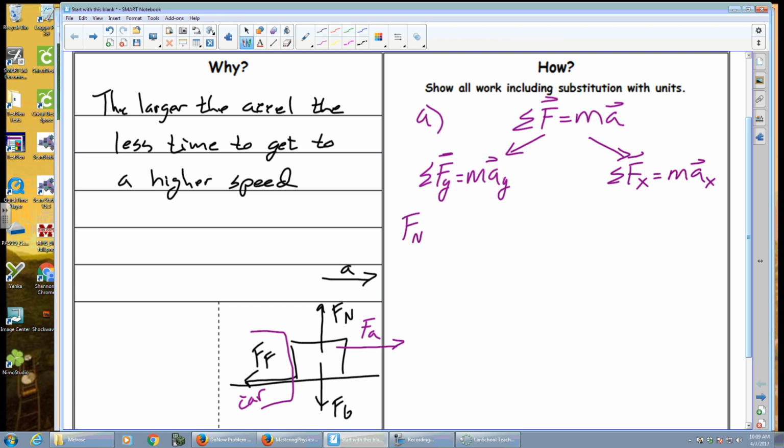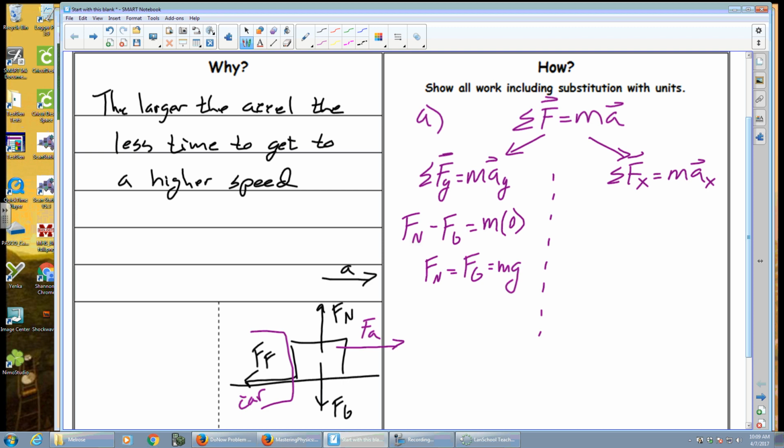Force normal minus force of gravity equals m times 0. So force normal equals force of gravity. Right? We've done that a bunch. Which equals mg, of course.